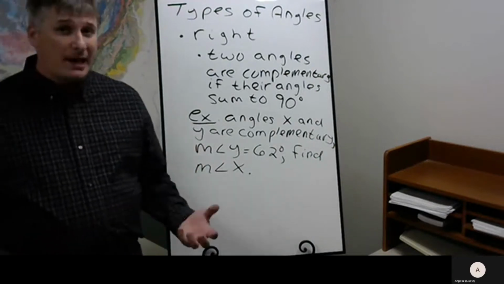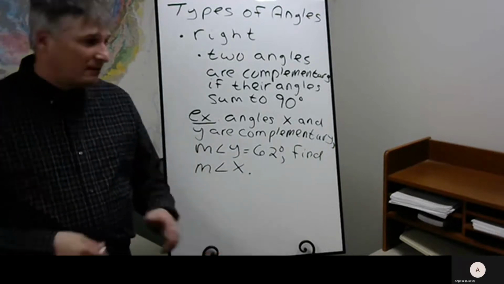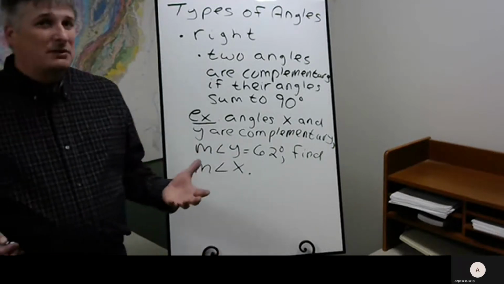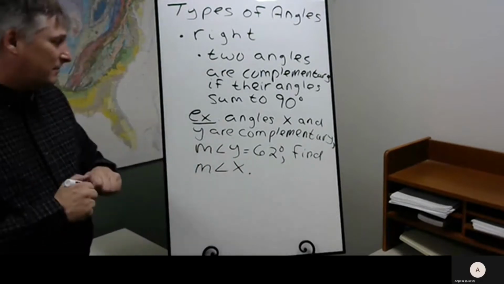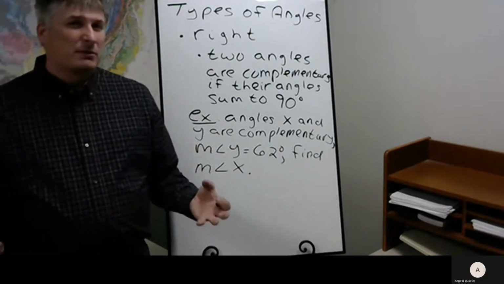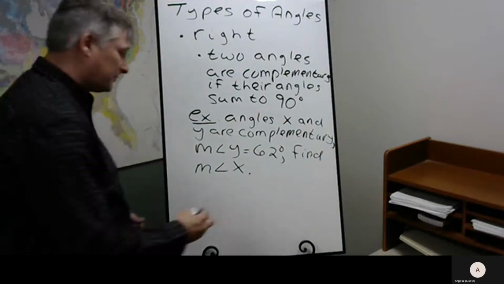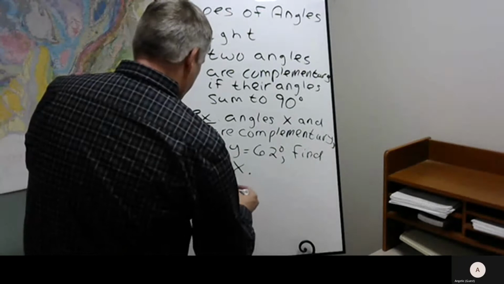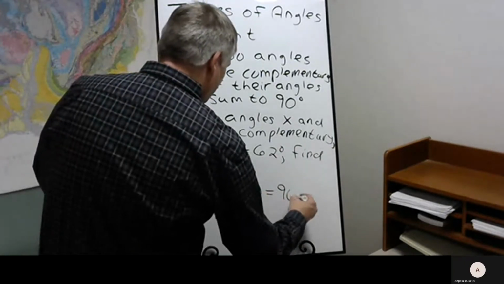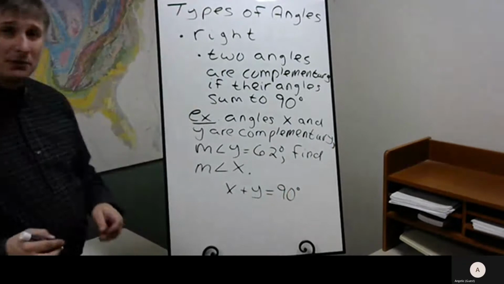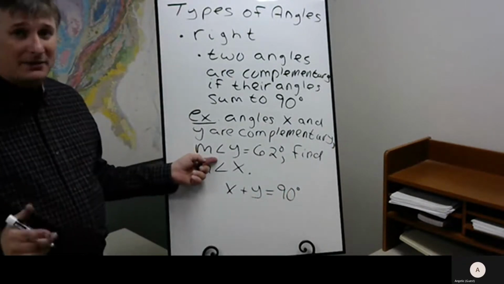Find the measure of angle x. So we want to identify the measure of angle x. Now, again, what we're going to have to do are use some of those algebra techniques we're going to look at in the future. But it's okay if we start working with some of those now. So because they're complementary, we know this. x plus y equals 90 degrees. Now we know the measure of angle y. That's 62.